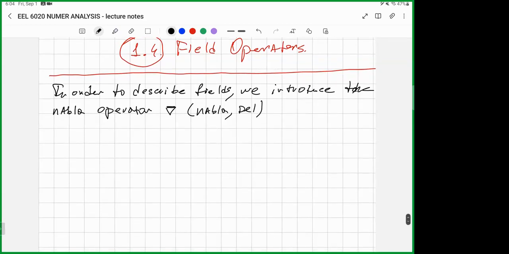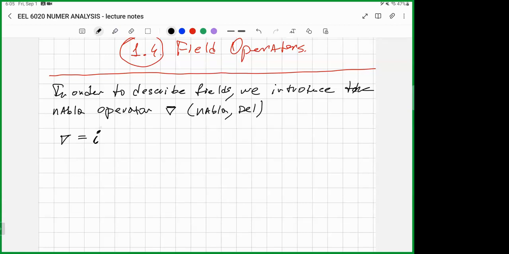So what is nabla operator? Nabla operator is a vector operator defined by this formula. So we have this nabla, and it's given by this formula. The most simple formula for this nabla operator is for the x, y, and z coordinates, the Cartesian coordinate system.